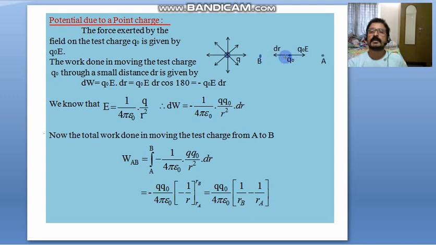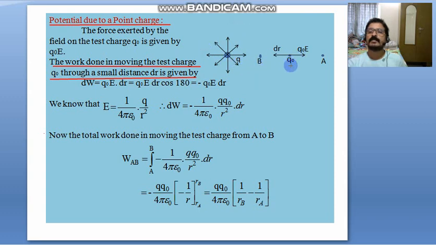Let's have a positive test charge Q0 here. Suppose we find the work done in moving the test charge Q0 through a small distance dr. Let E be the electric field due to this point charge.